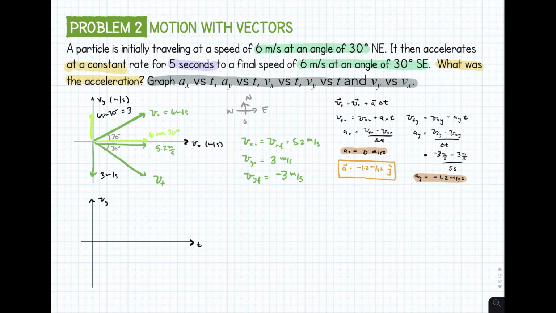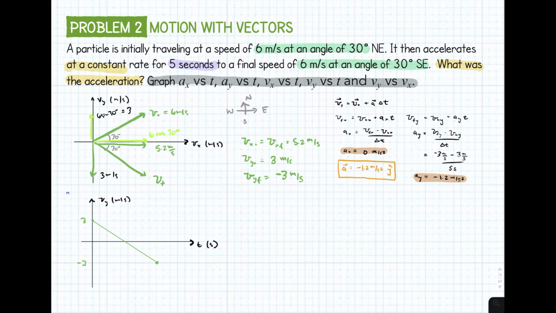We start at 3 and go to negative 3. So let's say we start at 3, we end at negative 3. That's going to be 5 seconds later. So this would be 3, this would be negative 3. This is all in meters per second, and this is time in seconds. Okay?